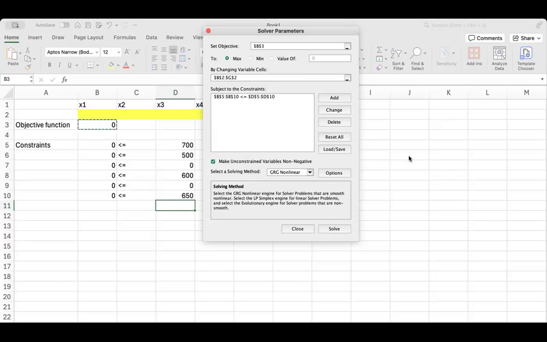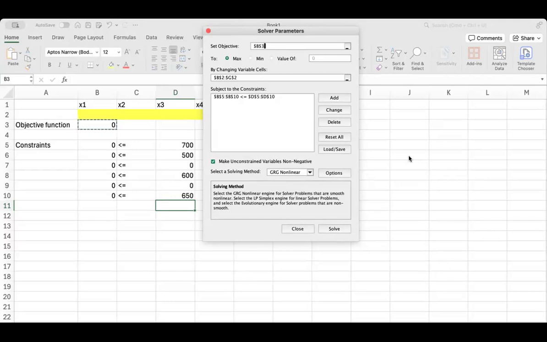And previously, I told you that we will handle the non-negativity by using the solver itself.